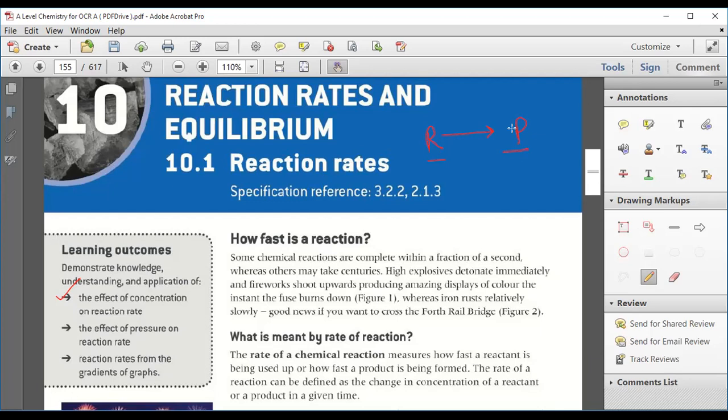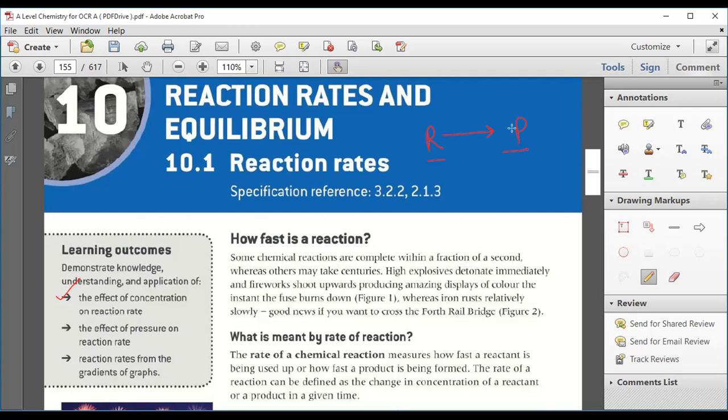Rusting of iron is a very slow reaction. And if lead acetate reacts with KI, it will convert into PbI2. This reaction is a moderate reaction, not too fast, not too slow. So some reactions are very fast, some are moderate, and some are very, very slow.